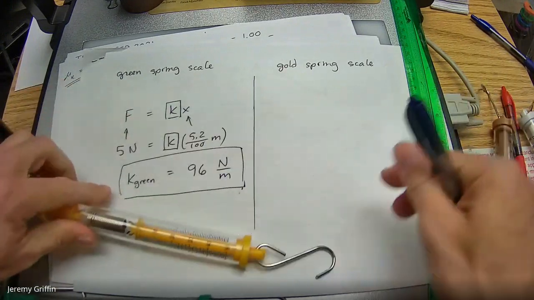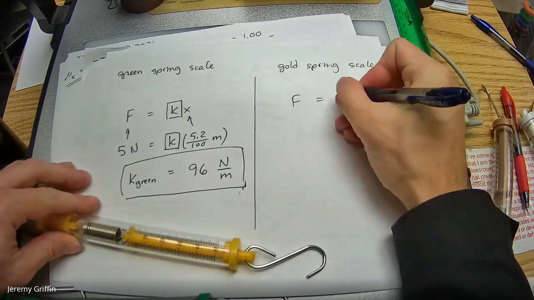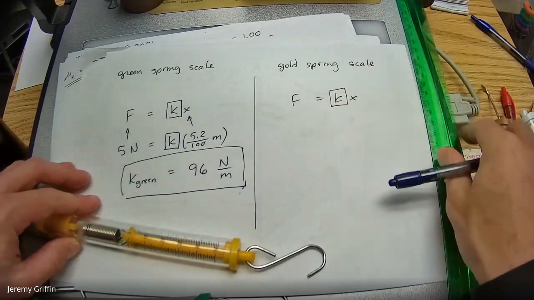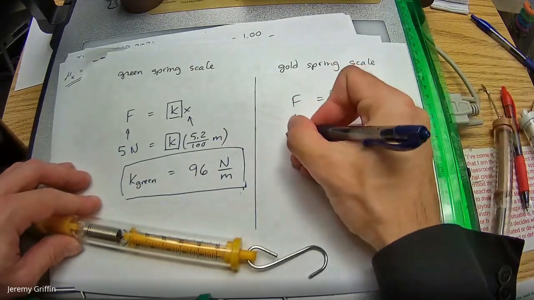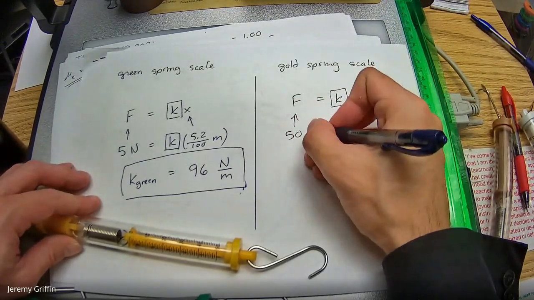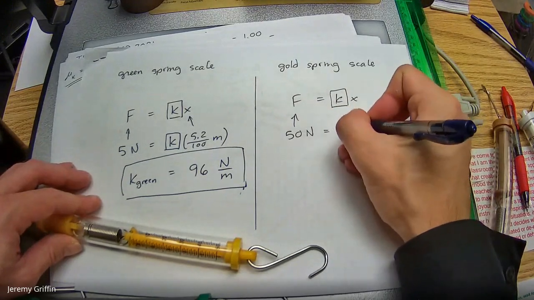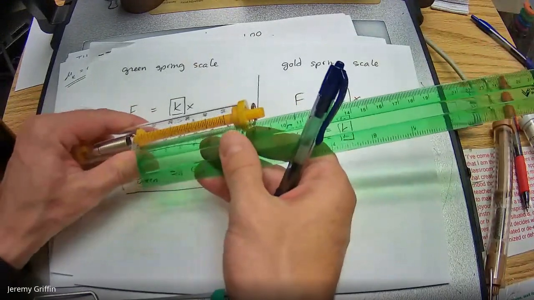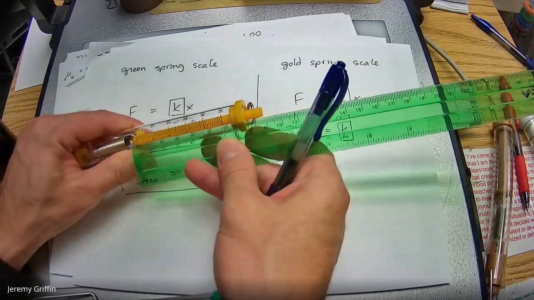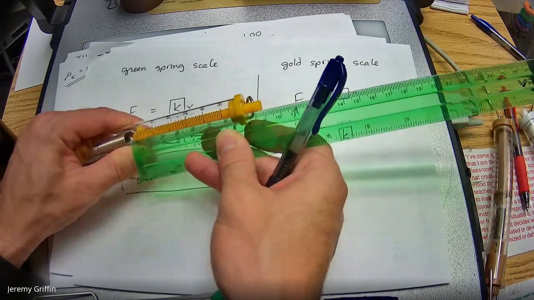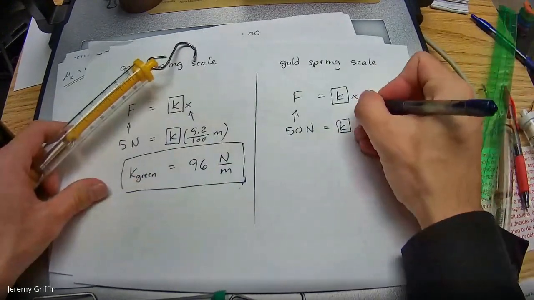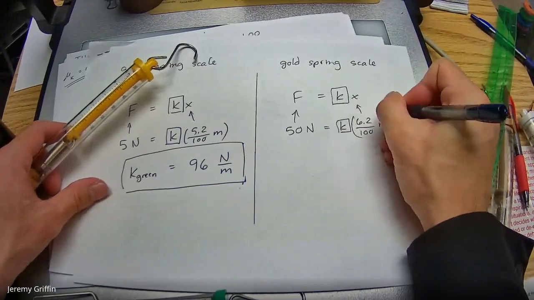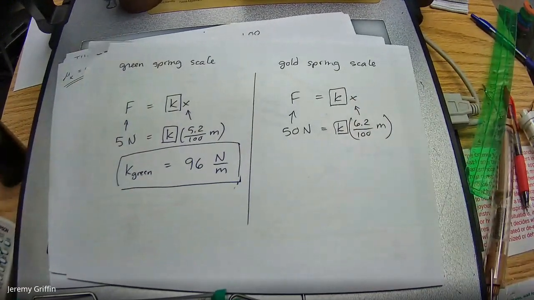So, same setup, F equals kx. We're solving for k, but now this is the gold spring constant. It goes up to 50 newtons, that's where it maxes out, equal to k times the distance. Now this one's scaled slightly differently too. So that is a distance of 6.2 centimeters, so that's 6.2 divided by 100 meters, because centi is 1 over 100, like 100 cents in a dollar.